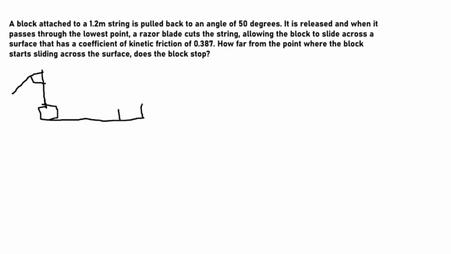Like right here. So first we're going to want to find the velocity when it's right here. We're going to use the potential energy up here is equal to the kinetic energy down here. So that's going to equal mass times gravity times height equals 1/2 mass velocity squared.